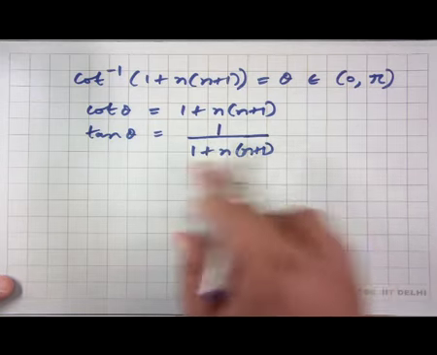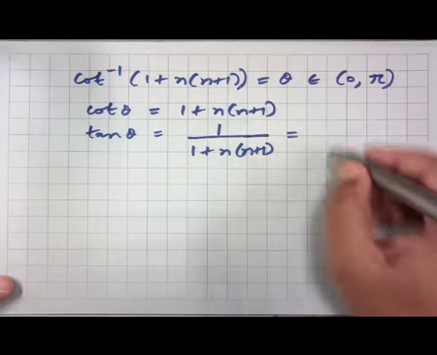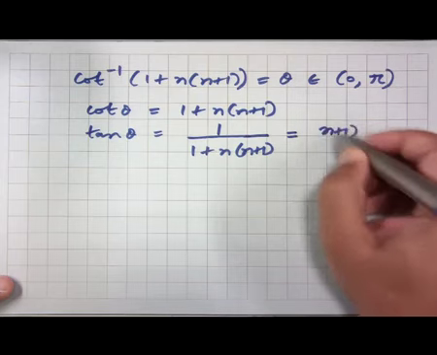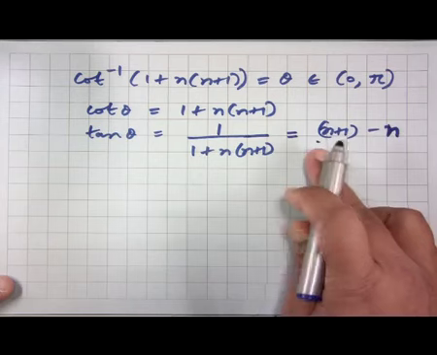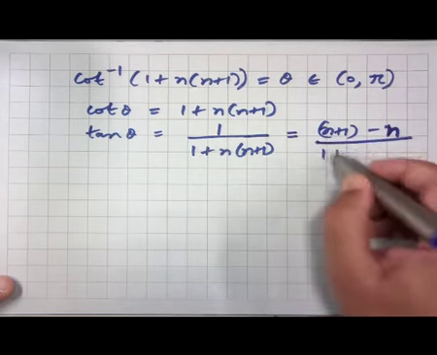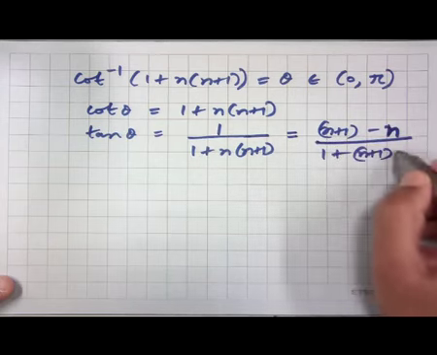And this expression here can also be simplified to n plus 1 minus n over 1 plus n plus 1 into n.